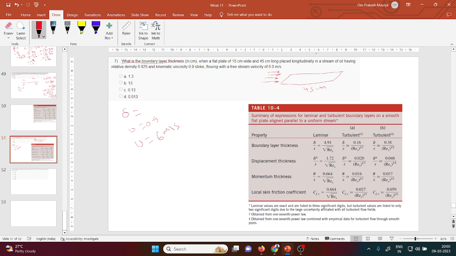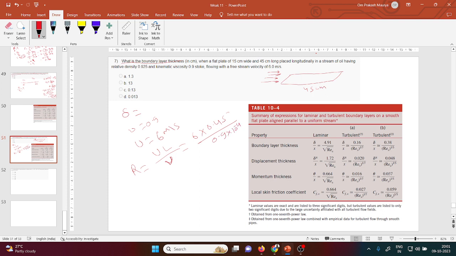So first you need to calculate your Reynolds number. Reynolds number is U times length divided by the viscosity, right? Your U is 6, length is 0.45, and the viscosity is 0.9 into 10 to the power minus 4.